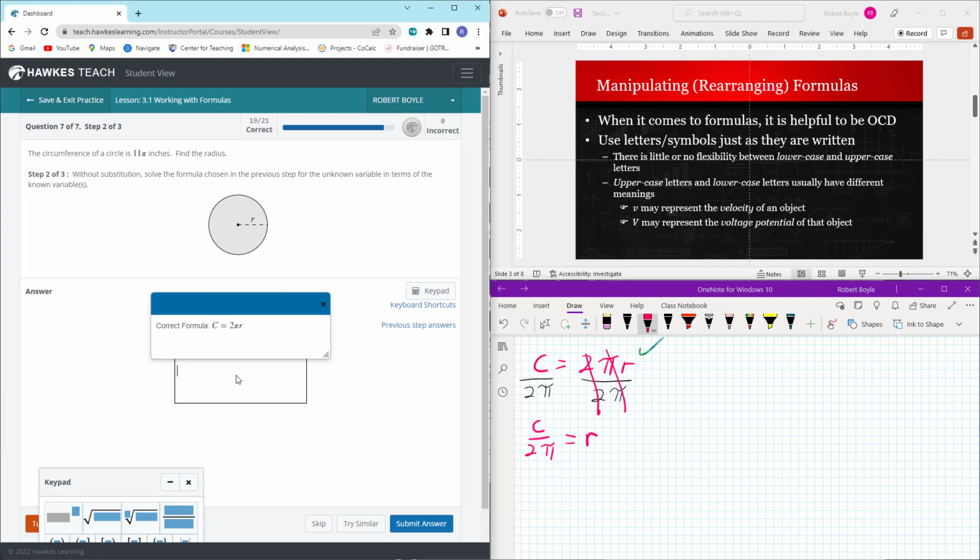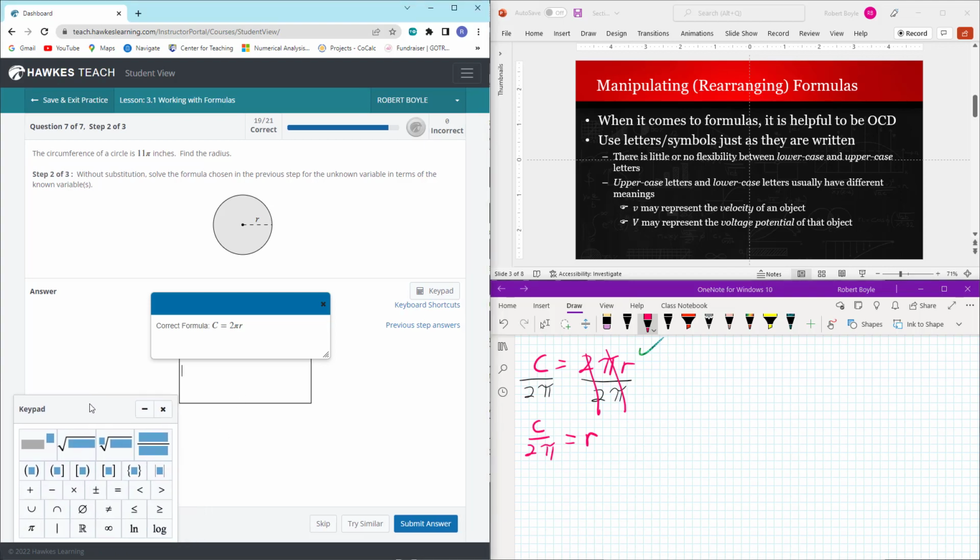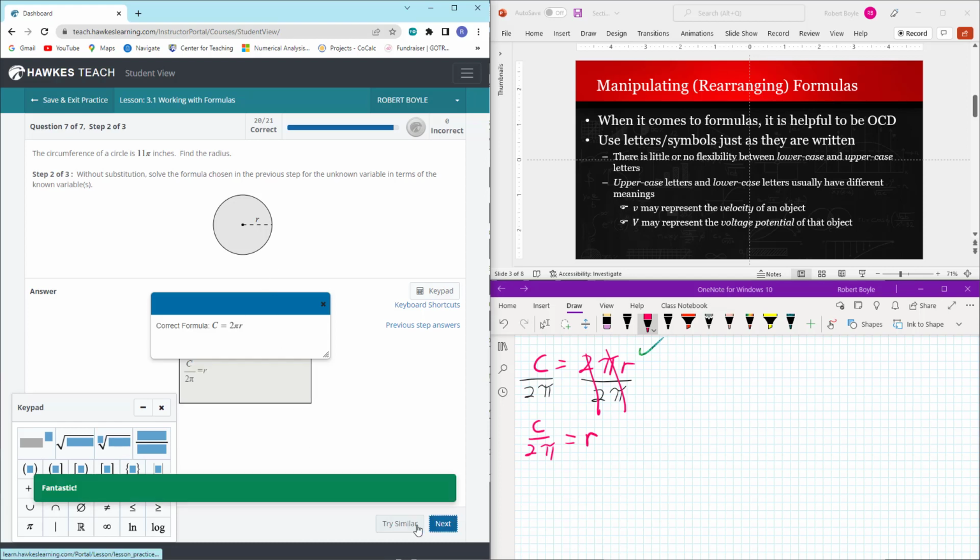You will have, well, let's get the fraction, capital C, divided by 2. Now, what about the pi? Well, the pi symbol is right down here. You can find the keyboard. Click on that, and then just use your space bar to get your cursor arrows to move on over, and then we will have equals r. And of course, you could put it in the other direction as well. That happens to be correct.